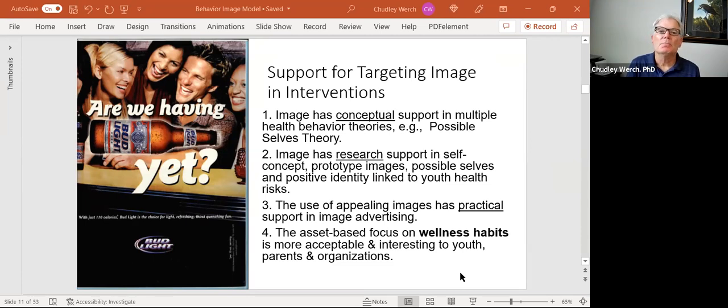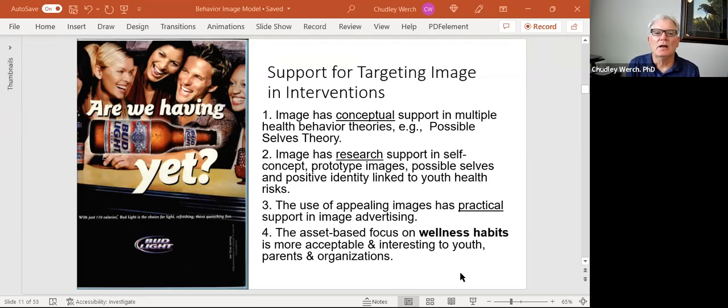Number two, plenty of research in different areas, research on self-concept, prototype images, possible selves, positive identity, all showing the importance of image, either images of self or self-concept or all those related concepts, as being really important to health decision-making.